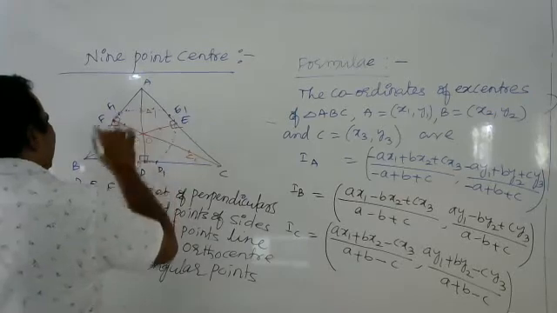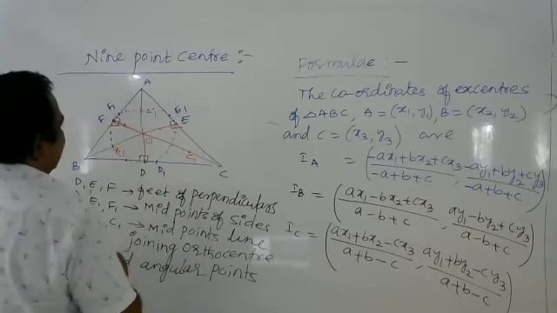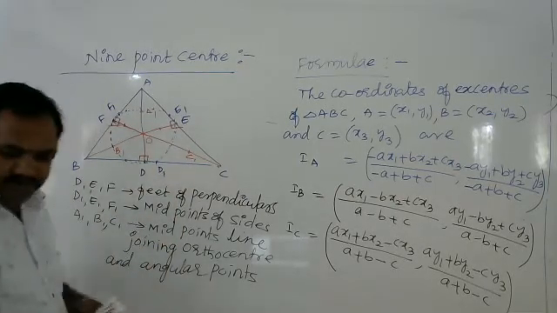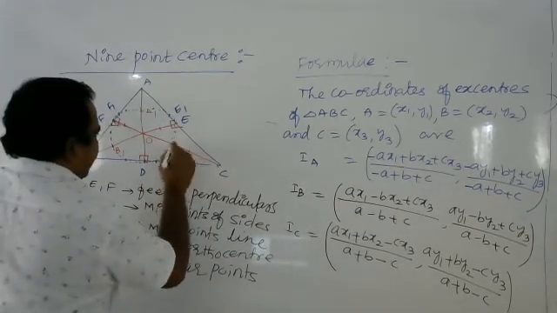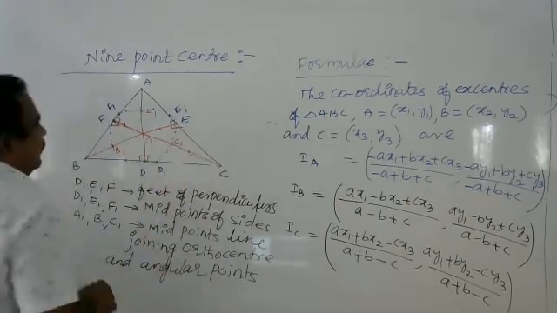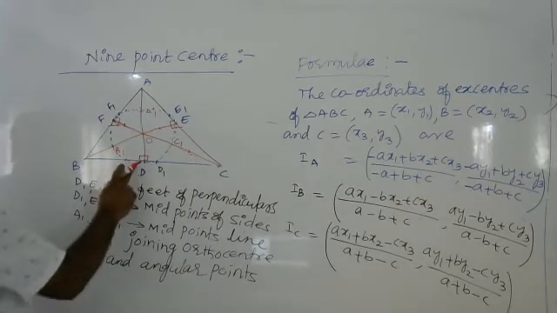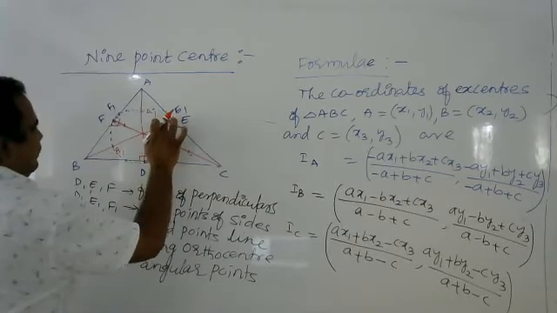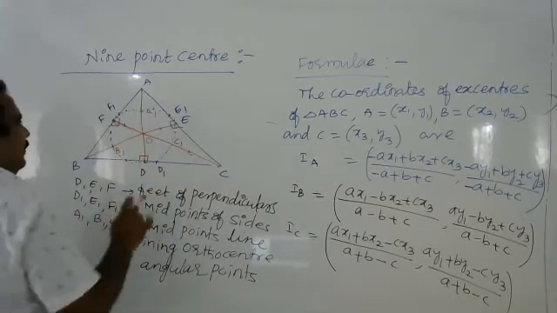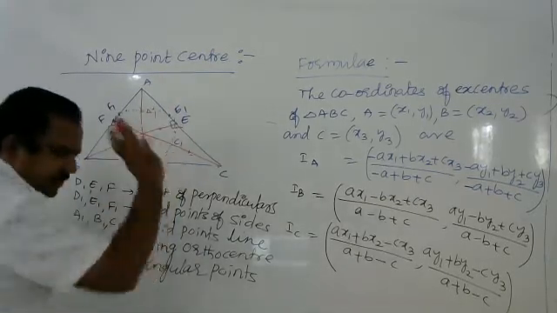I am very weak in drawing diagrams. It passes through D, E, F, D1, E1, and F1. Very good. And A1, B1, and C1. Done.